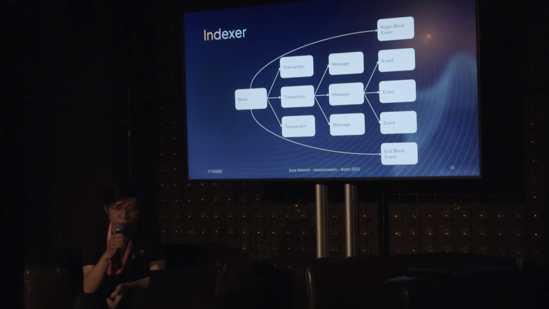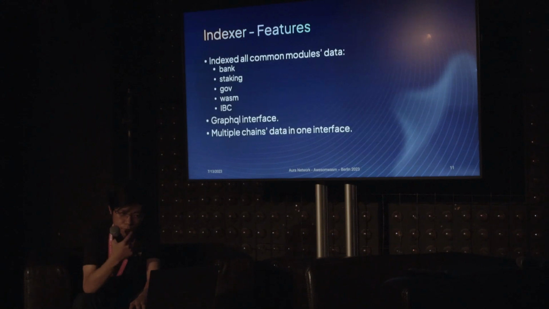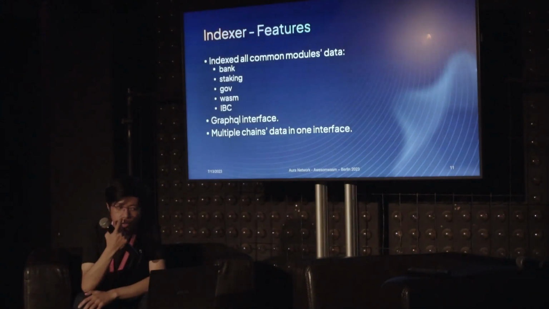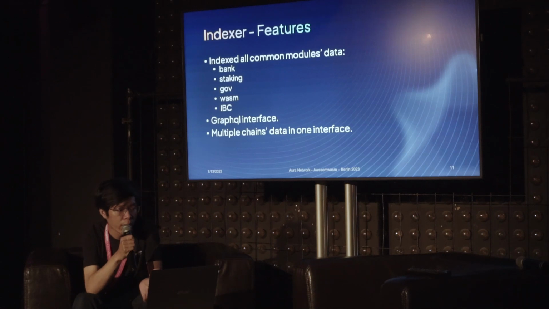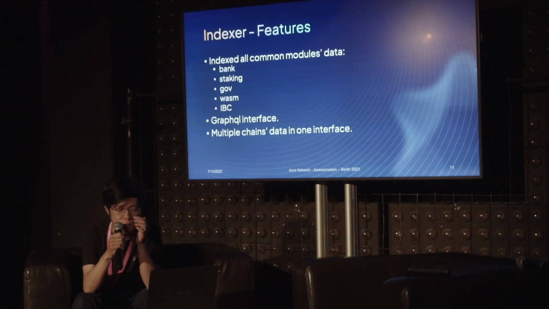Because of that, we made an indexer that tracks all of these events. We track all the events and assign them to the corresponding modules as well as the contract. For example, we have specialized tracking for bank, staking, governance, and WASM. For WASM, we extend it further by assigning events to each contract as well.